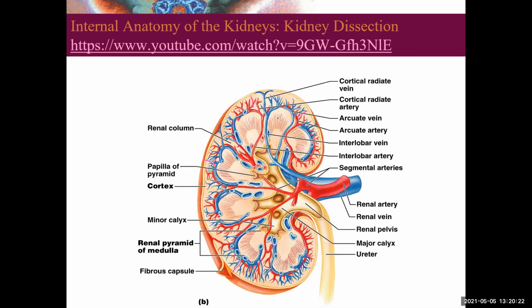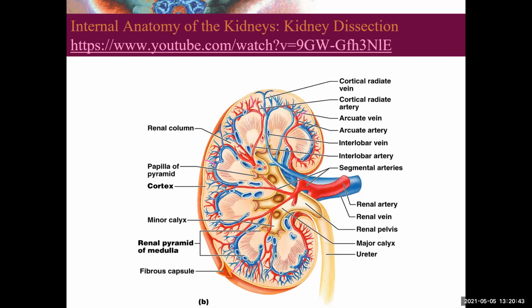Now each pyramid is separated from each other by invagination of the cortex. So cortex is invaginating inside, and that structure is called renal columns.